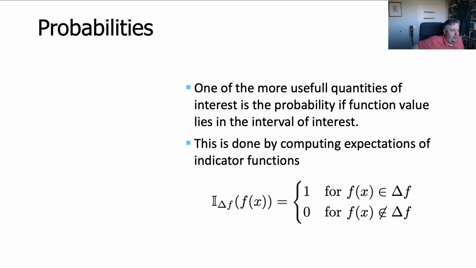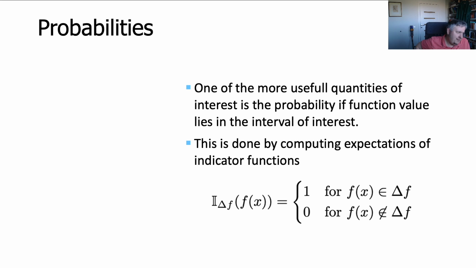For the probabilities, actually, the situation is much simpler than we could think, because if we are interested in computing the probability that a certain value belongs to a given interval, we can compute it by computing an expectation of a specific function, that is the indicator function.